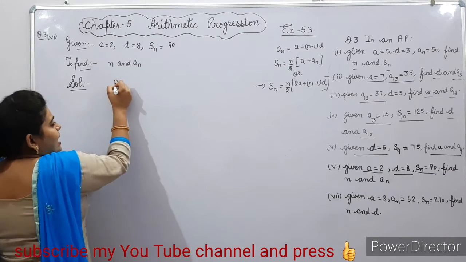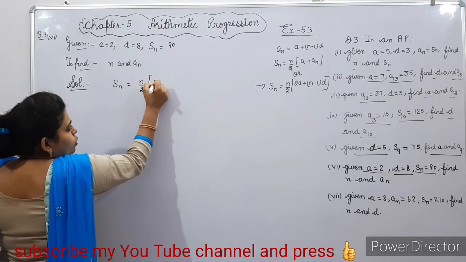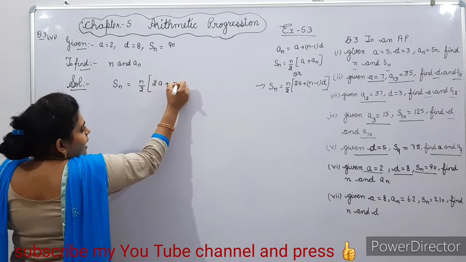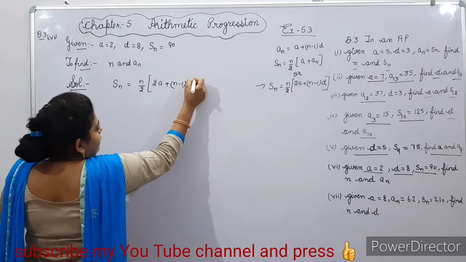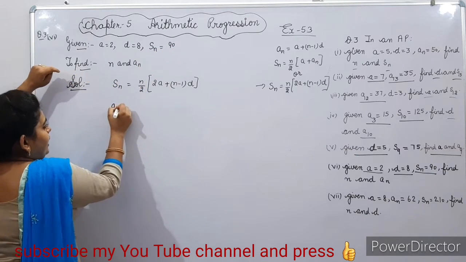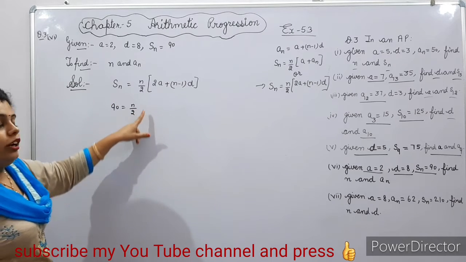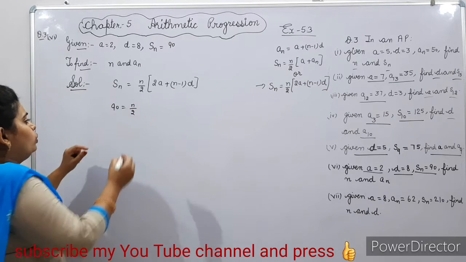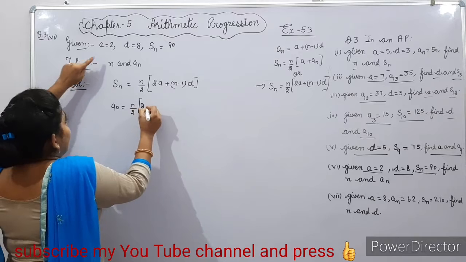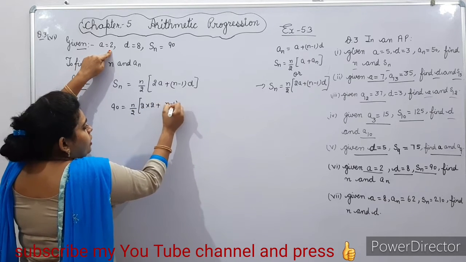We know that Sn is equal to n by 2 into 2a plus n minus 1 into d. This Sn is equal to 90, and we don't know the value of n, so it will remain the same. n by 2 into 2, what is the value of a? 2, plus n minus 1 into d.